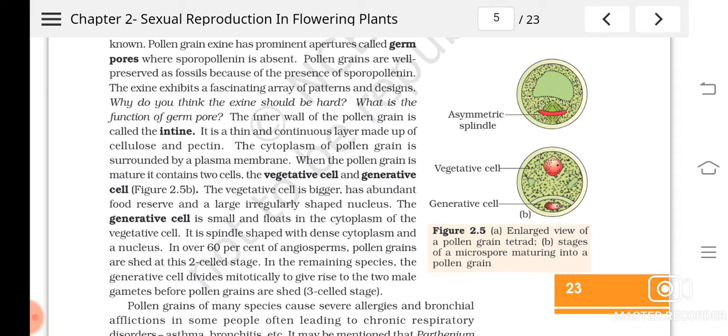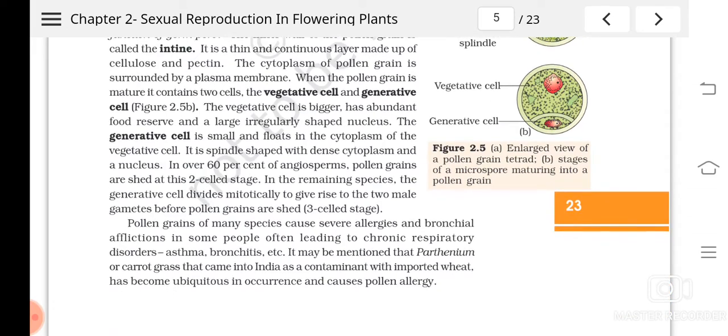In the other species, the generative cell divides mitotically and produces two male gametes before pollen germination. In some species, as I told, male gamete production takes place before pollen shedding or dispersion, and in some after. Understood? So this is the structure of a pollen grain.